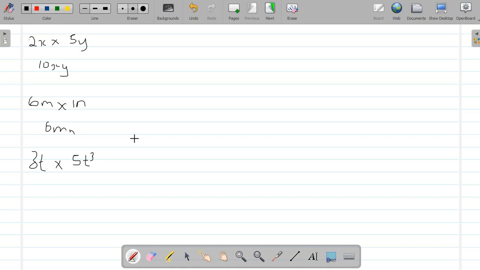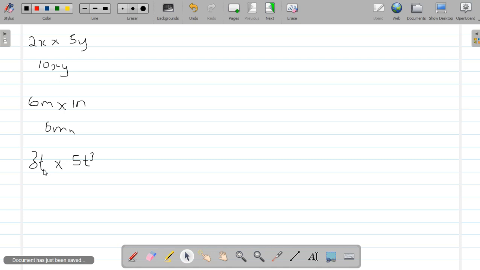The only difference between this and what we've solved earlier is that there, the variables were not the same. They were different variables. x and y are not the same. Though if we are to talk of like terms, these are not like terms, they are of the same variable. We can say t is here, and then we also have t here.